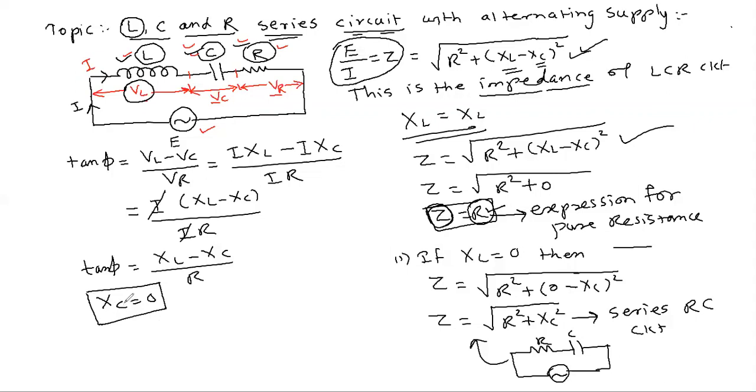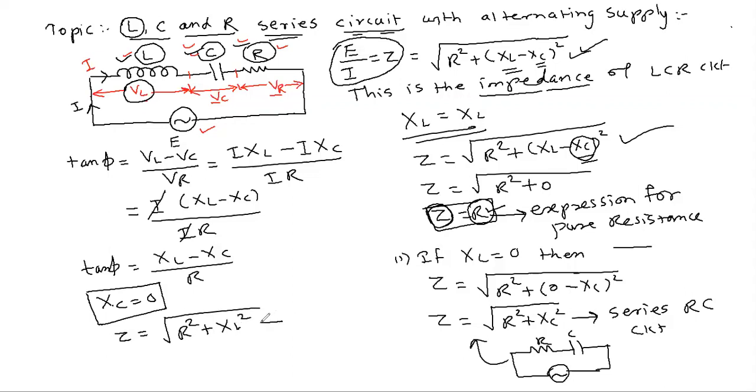The capacitive reactance, the opposition to the flow of current in a capacitive circuit, is 0. Then by putting XC equal to 0 in this equation, Z is equal to square root of R square plus XL square.